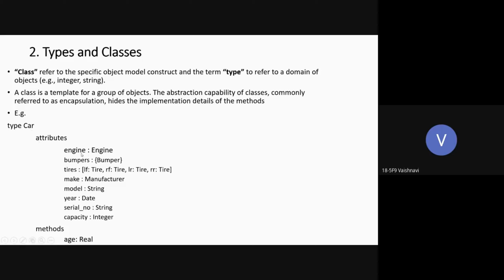When we get into this, just a second. This is the class definition, which specifies that car has eight attributes, 1, 2, 3, and you can see here 8 attributes and 2 methods.